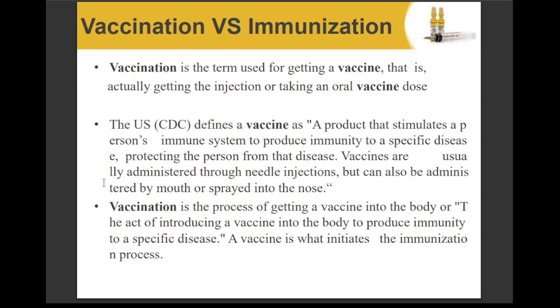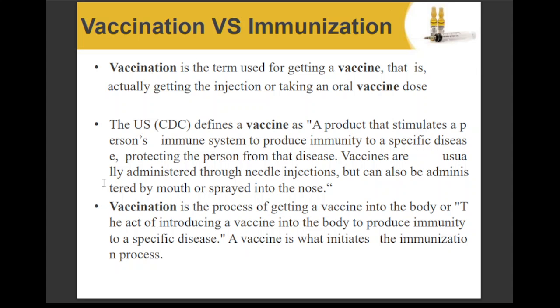Vaccination is the term used for getting a vaccine. This is actually given as injections, we all know this. It can be oral, subcutaneous, or intramuscular. The US CDC, Centers for Disease Control, defines a vaccine as a product that stimulates a person's immune system to produce immunity to a specific disease, thus protecting the individual from that disease.